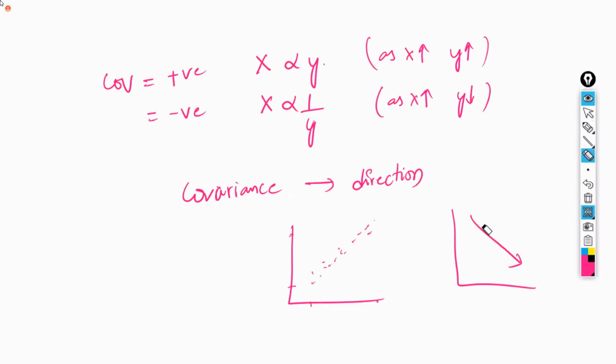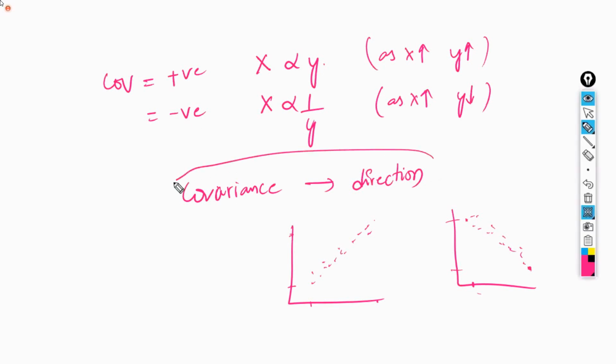If the data points are like this, from here to here the x value has increased, and the y value has dropped. If y increases, then it is positive covariance. If the x value increases and y decreases, it is negative covariance.